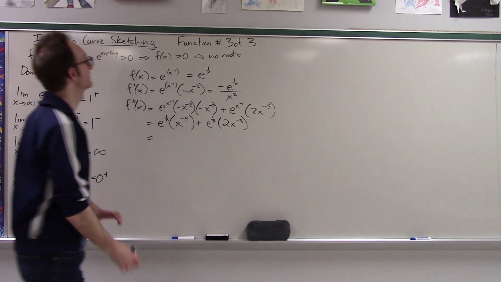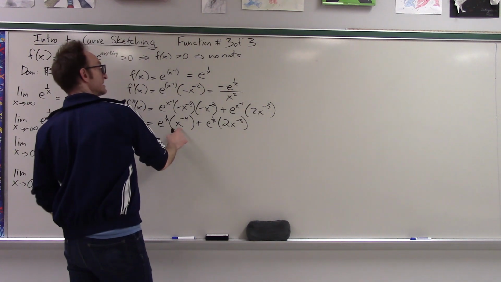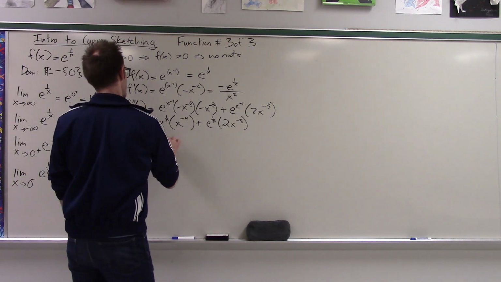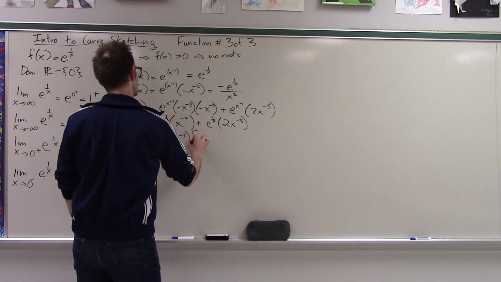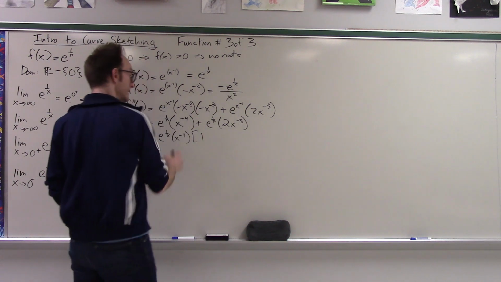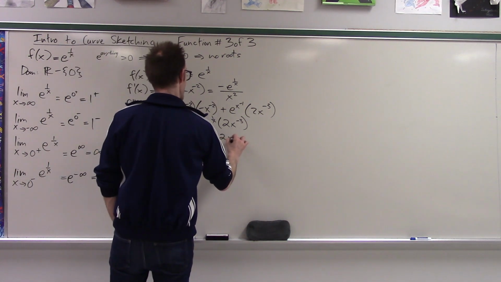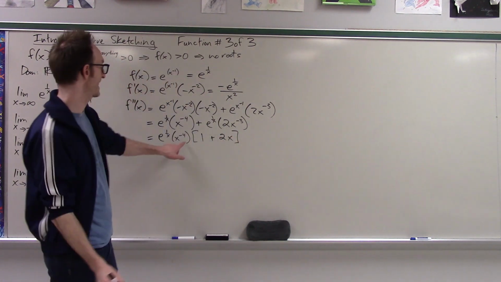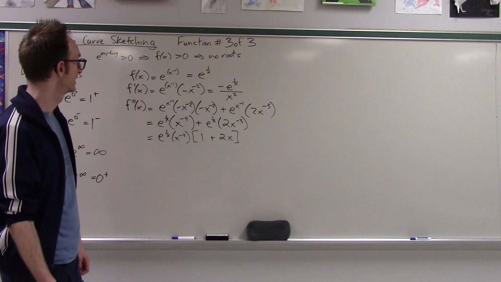Alright, so simplifying this, I can take out an x to the negative 4, and so I get e to the 1 over x, x to the negative 4, leaving me behind with just a 1. And over here, this will be 2x, because x to the negative 4 times 2x is 2x to the negative 3.